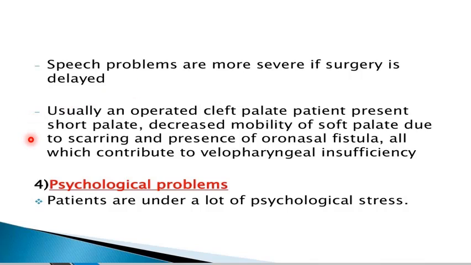Even in some cases, after repairing the cleft palate, the palate might become short, or the muscles might be inappropriately oriented, leading to persistence of the velopharyngeal insufficiency, which will require a separate operation. The patient is under continuous psychological stress.